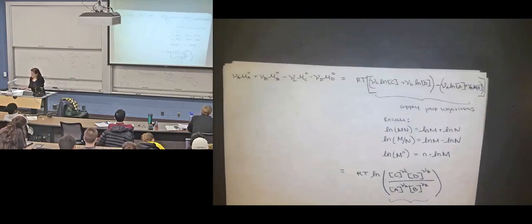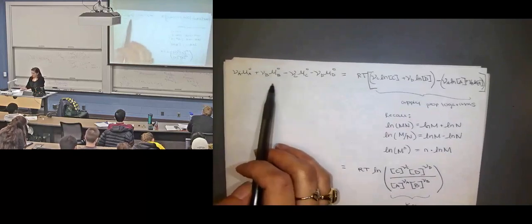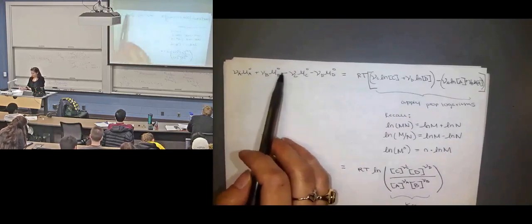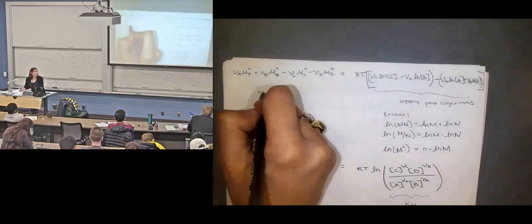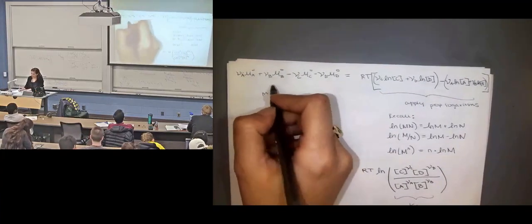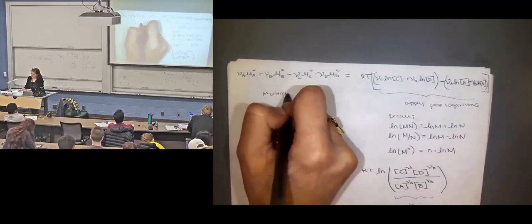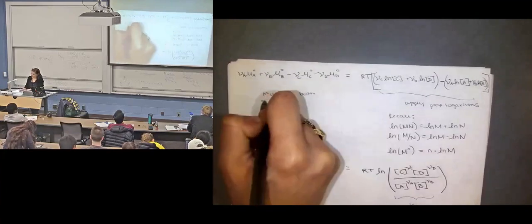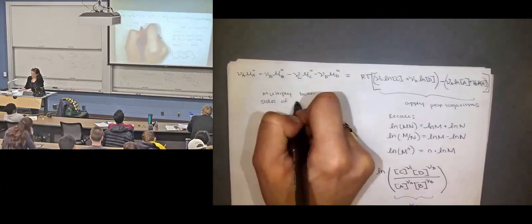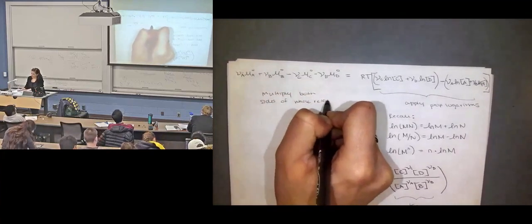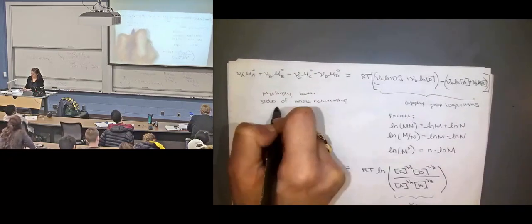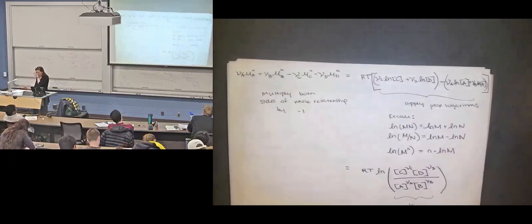And on the left-hand side, what I'm going to do is just multiply everything by -1. I'm going to multiply on both sides of this whole relationship by -1. So if both sides get multiplied by -1, everybody stays the same.